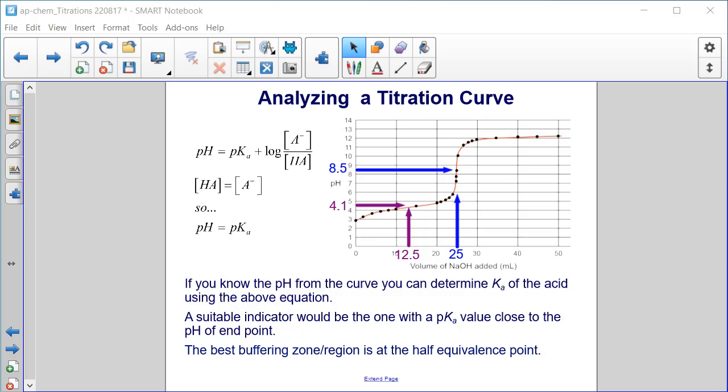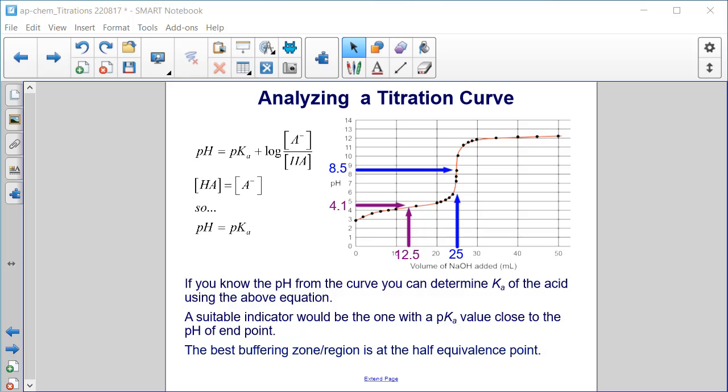If you know the pH from the curve, you can determine the Ka of the acid using this derivation of the Henderson-Hasselbalch equation. A suitable indicator would be the one with a pKa value close to the pH of the endpoint.